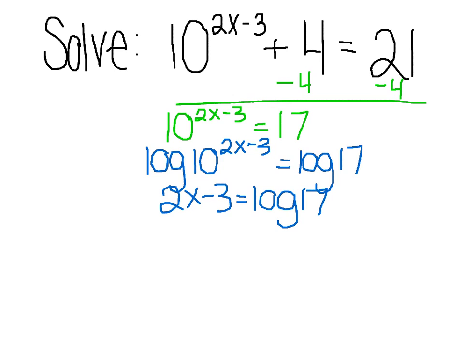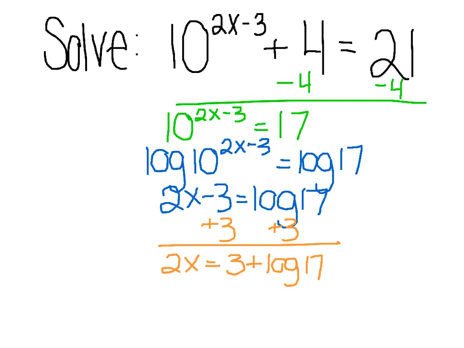Now, we want to get x by itself, so you're going to do what you normally do. I'm going to add 3. I'm left with 2x equals 3 plus log 17. And then I'm going to divide by 2. Now this is going to leave me with x equals either 3 halves plus log 17 halves, or we can do one half.